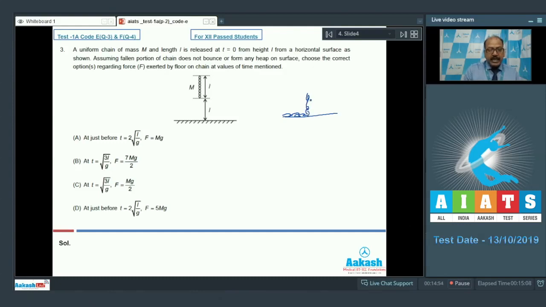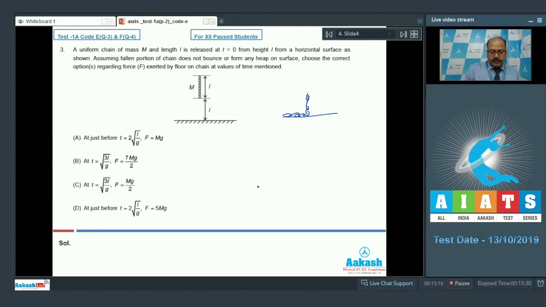So the force applied by the chain on the surface will come from both the parts. The part which is already fallen will apply a force equal to its own weight, and the force applied by the falling part we can find by applying the concept of force equals rate of change of momentum.